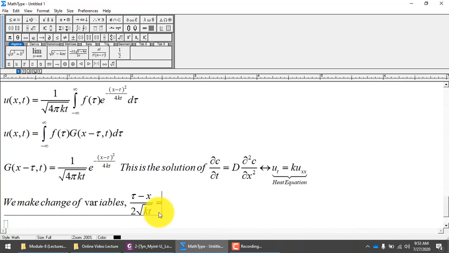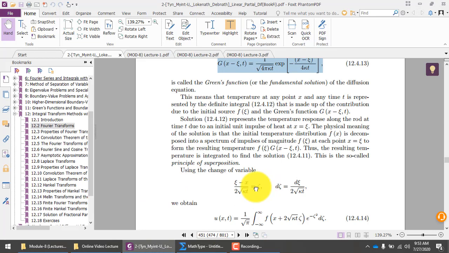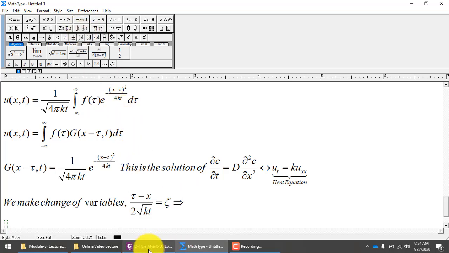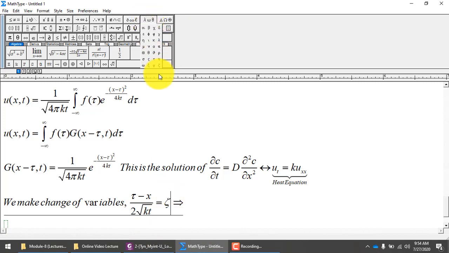equal to the new variable. The new variable can be any other variable; they have used this symbol, and I am using the same symbol just for your convenience. So if you take the differential, what will be the differential of that new variable? This variable has a name in the Greek alphabet, and it is known as zeta.